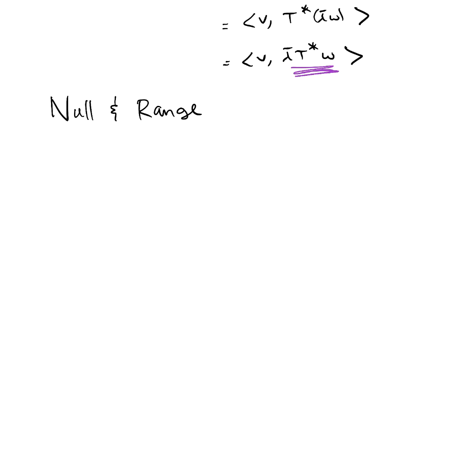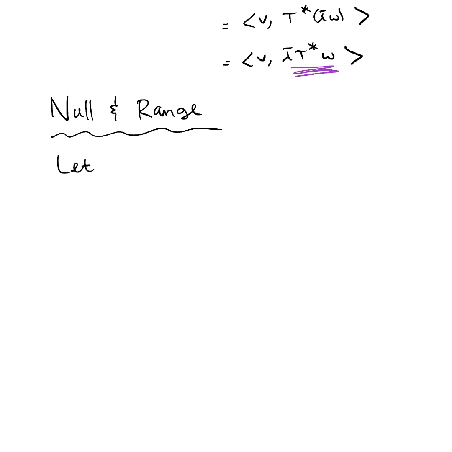I mean, T and T star are cousins. And so subspaces that are intrinsically connected to T or T star must have something to do with the other one. This, I think, is pretty much theorem 7.7 in 7A.